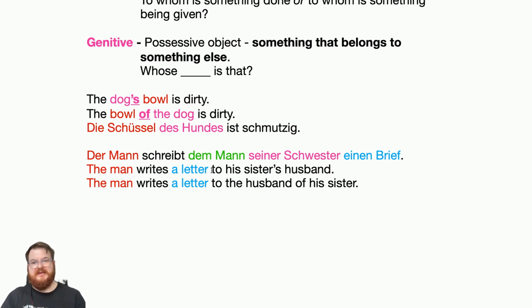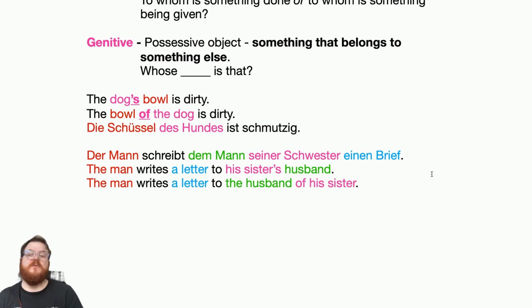And to his sister's husband. Husband is the dative, which is marked with 2 in English. And husband is also dative. And his sister's, apostrophe S, is genitive. And of his sister is also genitive.